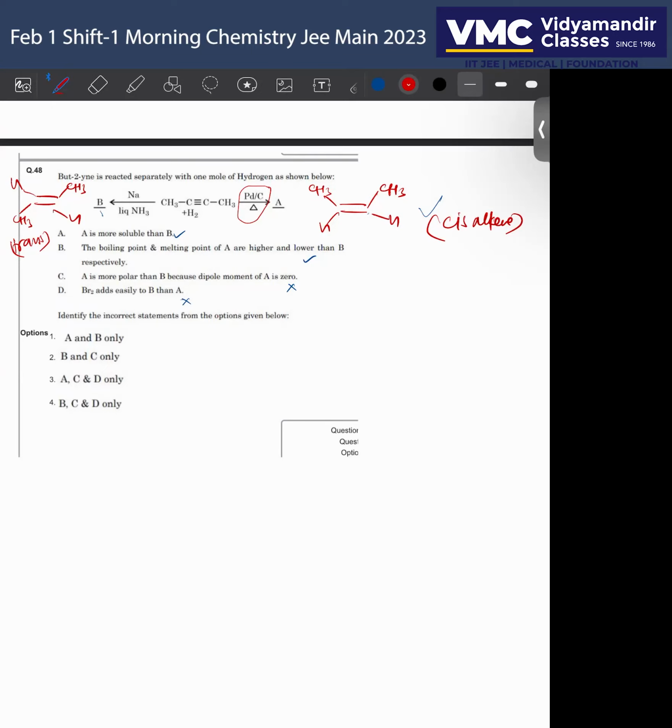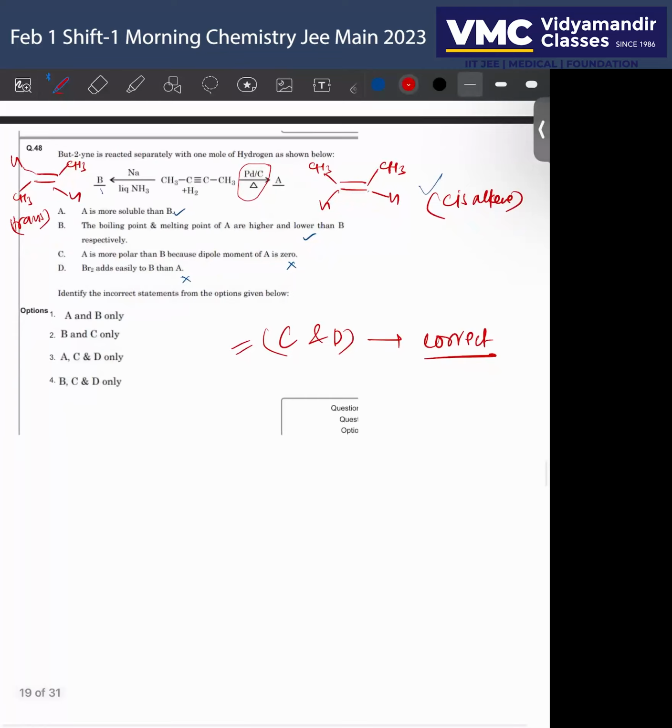So C and D are the right answer for the same. It does not match any option, and hence it becomes a bonus question for you.